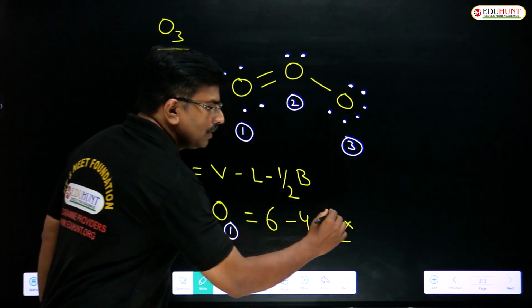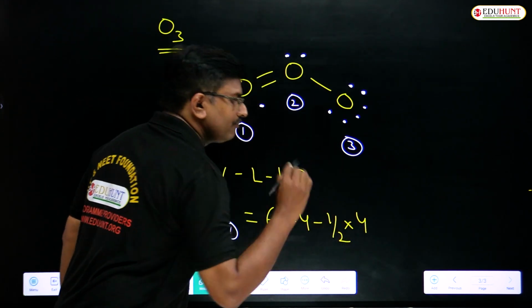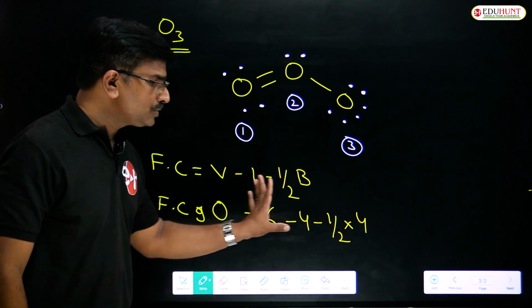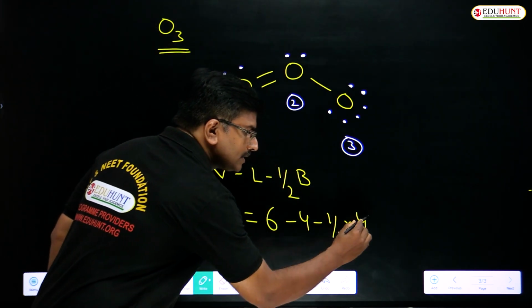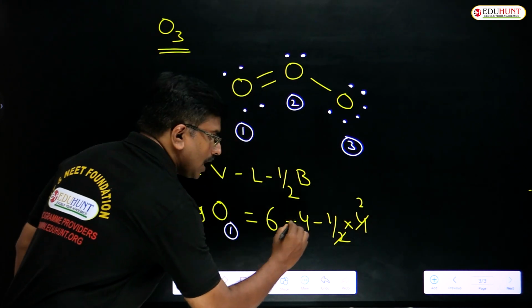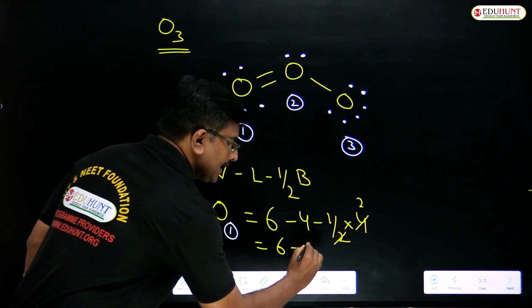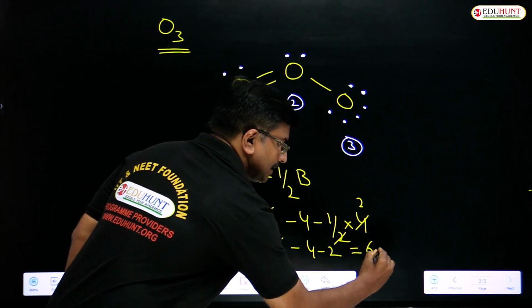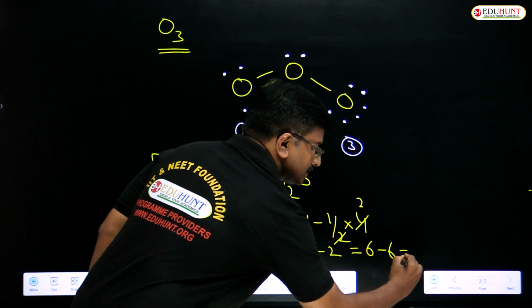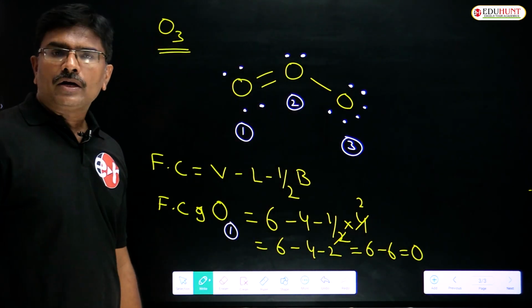Simple. So in the place of B, I am substituting 4. Our substitution is over. Now let us calculate. Half of 4 is 2, so it becomes 6 minus 4 minus 2, which is 6 minus 6. How much? 0.